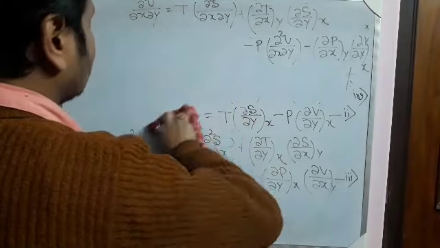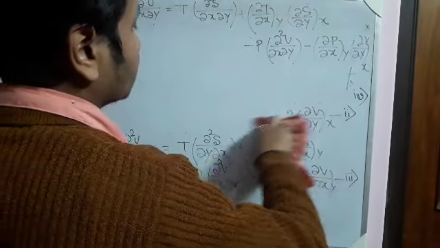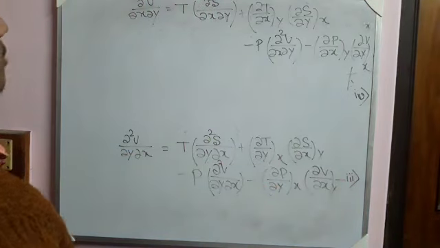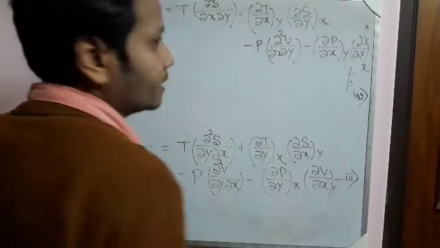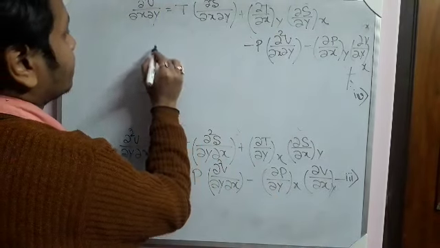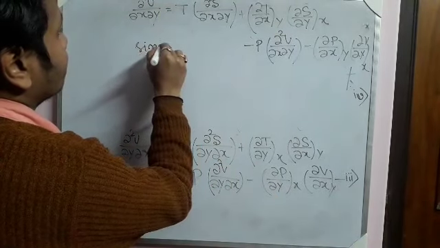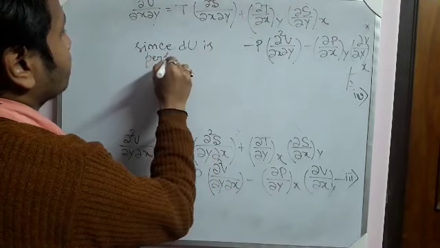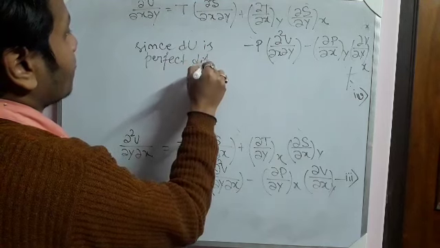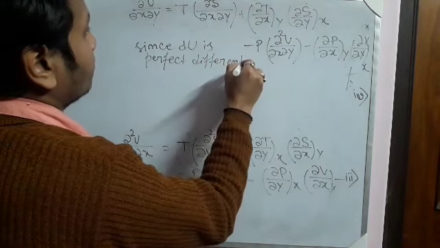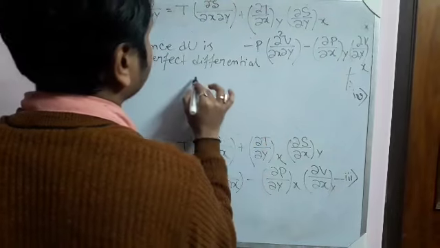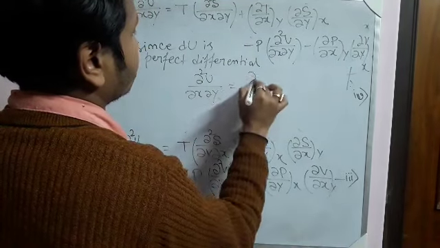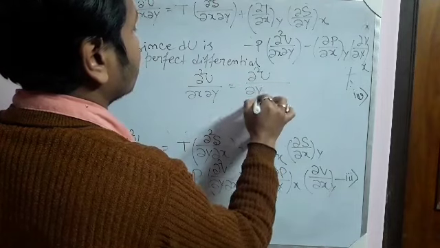Now we have del 2u del y del x and del 2u del x del y, both values are here, and we already said that du is a perfect differential. Since du is a perfect differential, the condition of perfect differential will be del 2u del x del y must be equal to del 2u del y del x.